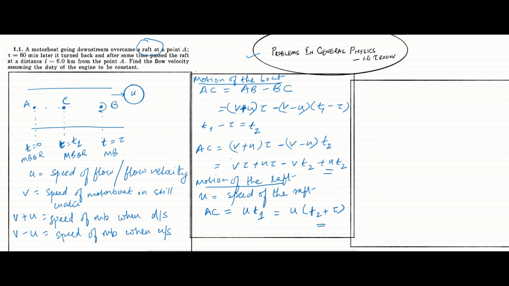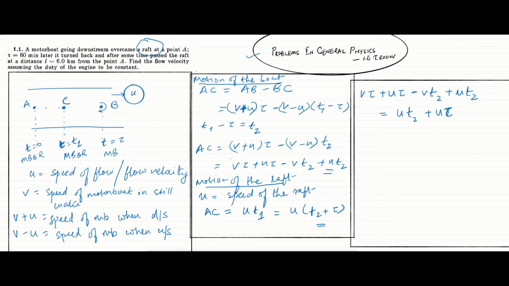So if we equate the right hand sides of both these equations, what we'll get is v tau plus u tau minus vt2 plus ut2 equal to this particular expression, which is u t2 plus u tau.